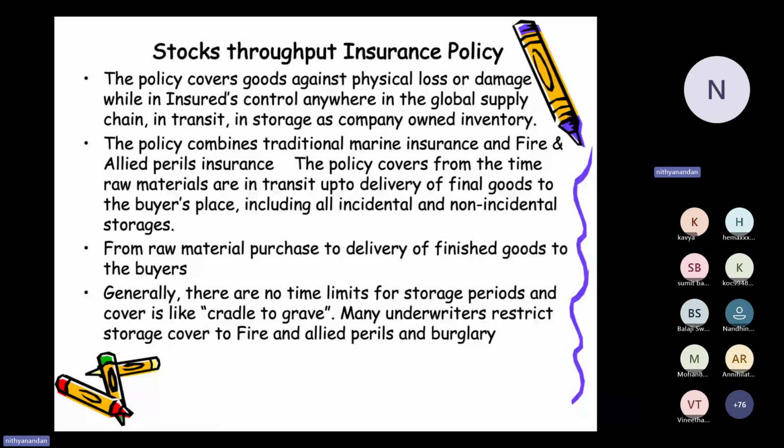They may be lying in the job worker's place, right? So all the storage risk and the transit risk are covered by this policy. From the raw material purchase to delivery of the finished goods to the buyers, the entire thing is covered, including the transit to the job worker's place and the processing risk there. So this is called stocks throughput policy.